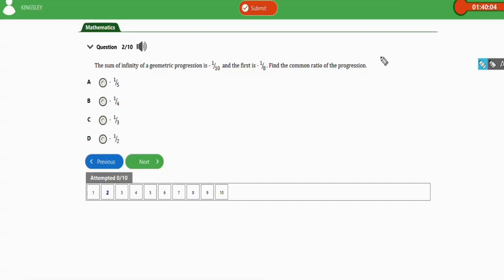Remember, the formula is a, which is the first term, over 1 minus r. But in this case, we have the sum to infinity. They give the sum to be minus 1 over 10. We are looking for the common ratio. So our a in this question is minus 1 over 8, over 1 minus r, where r is what we're looking for, equals minus 1 over 10.